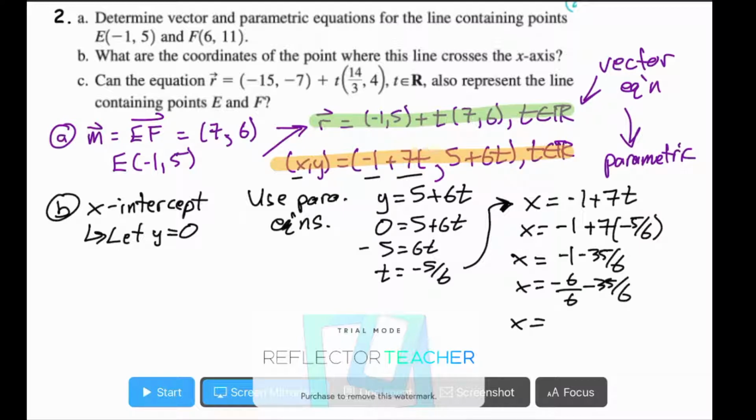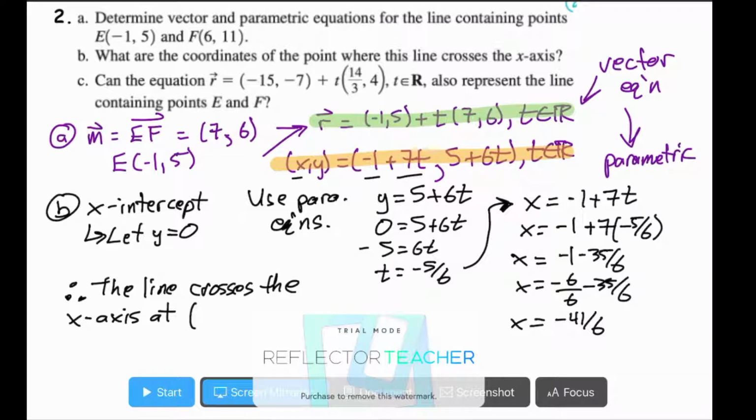So x is going to have a value of -41 over 6. So therefore, the x-intercept of this line is at the point that we just found, (-41/6, 0).